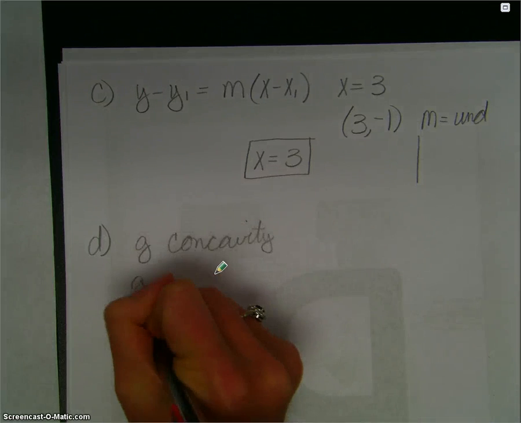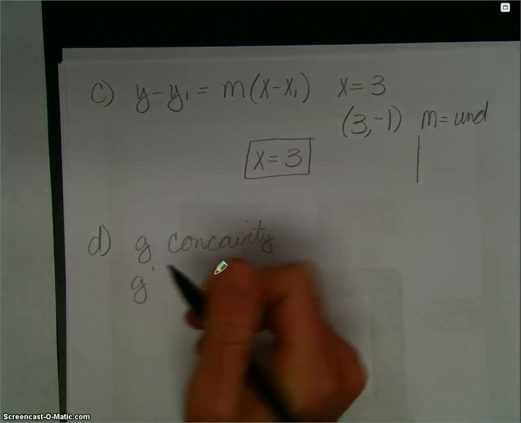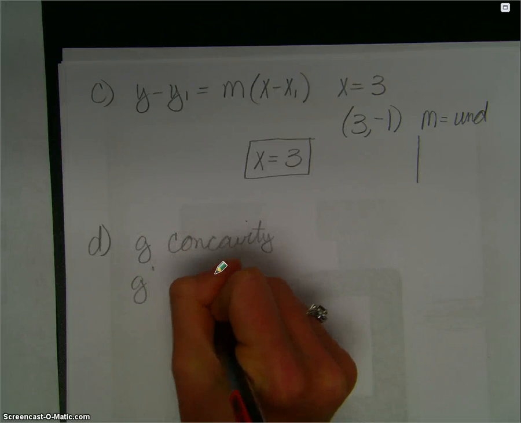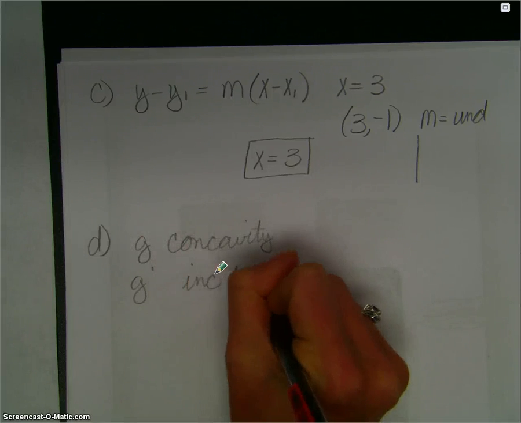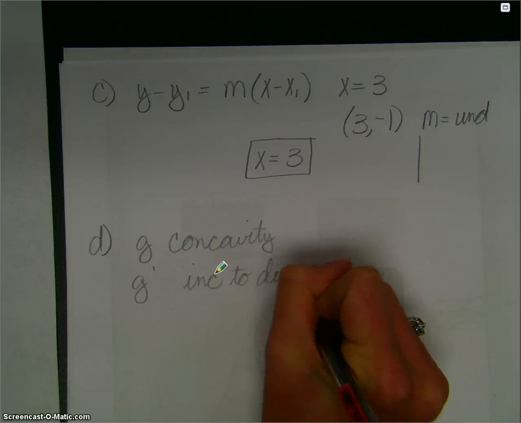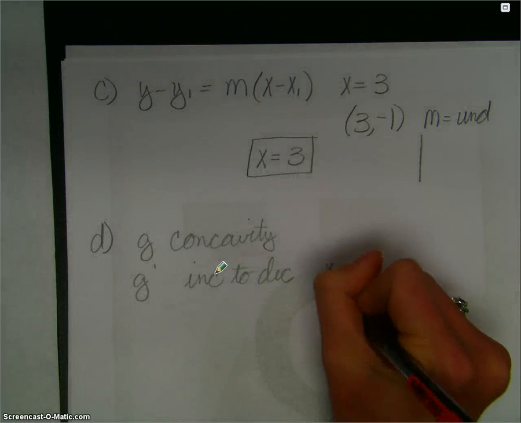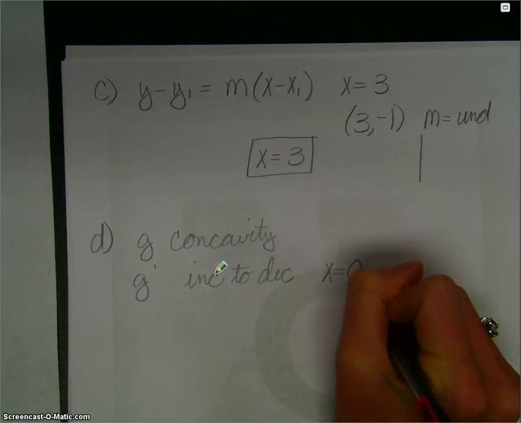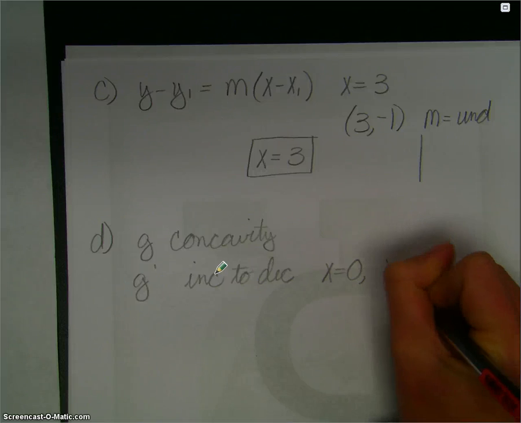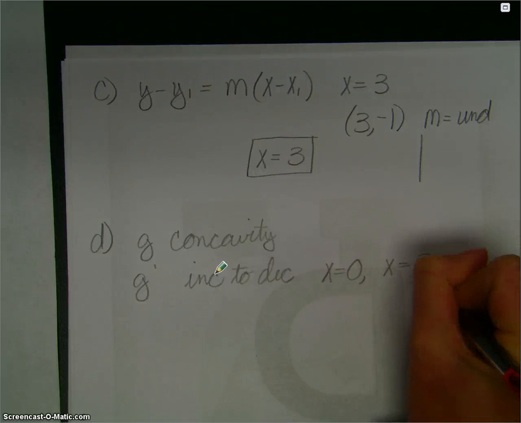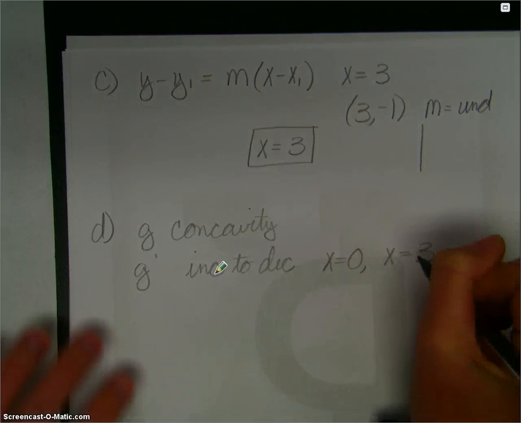With G prime, we're talking about where it's changing from increasing to decreasing, or vice versa. With G prime, which is the graph that I'm looking at, we change from increasing to decreasing where x is equal to 0, and then we continue to decrease all the way to where x is equal to 3, and then it changes into increasing.